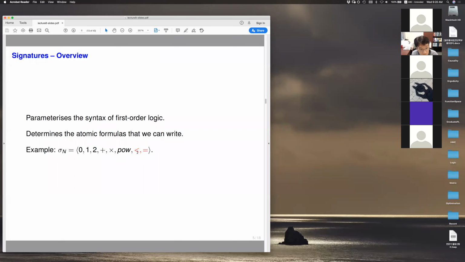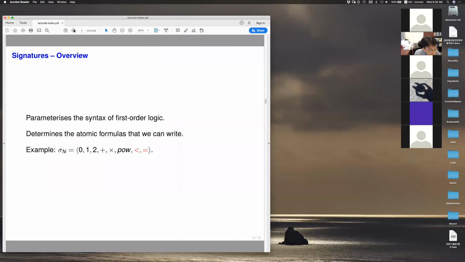And less than and equal are the ones that will allow us to state properties about the objects. If you have arithmetic expressions built by 0, 1, 2, and plus, multiplication, and power, you can express that one is less than the other by using the less than relation. You can also use equality using the equality relation.